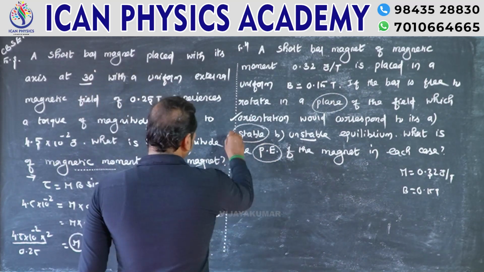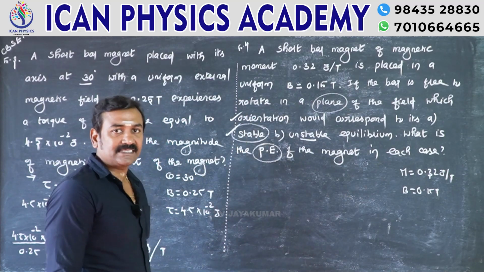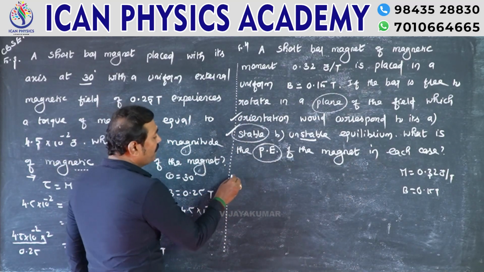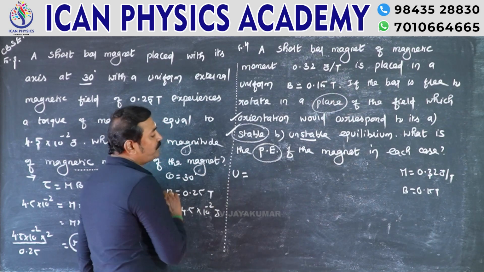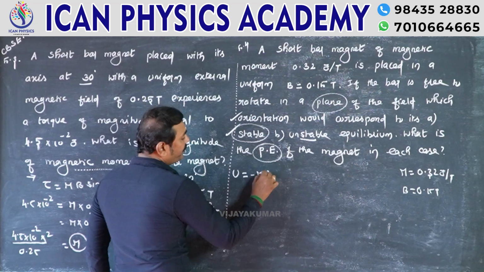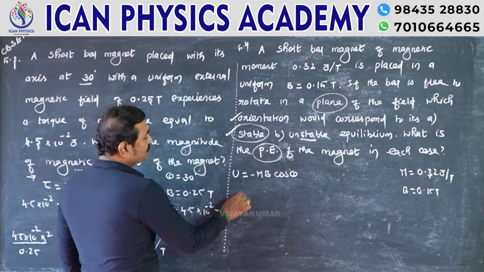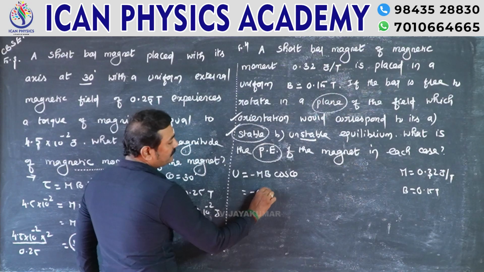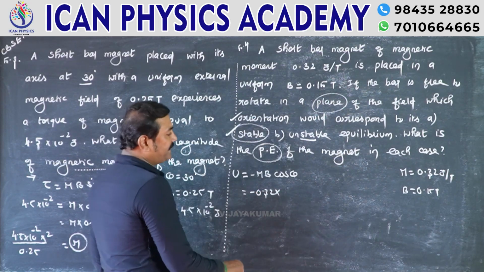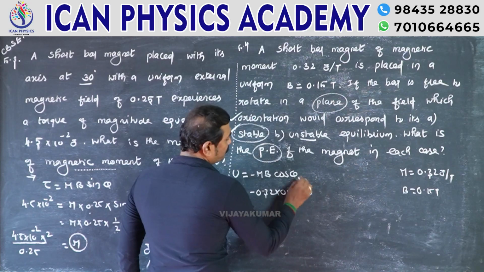So for stable, what about the angle? The theta is 0. So what is the potential energy? That is minus M B cos theta. What is the value of M? 0.32 into magnetic field 0.15 into cos 0.